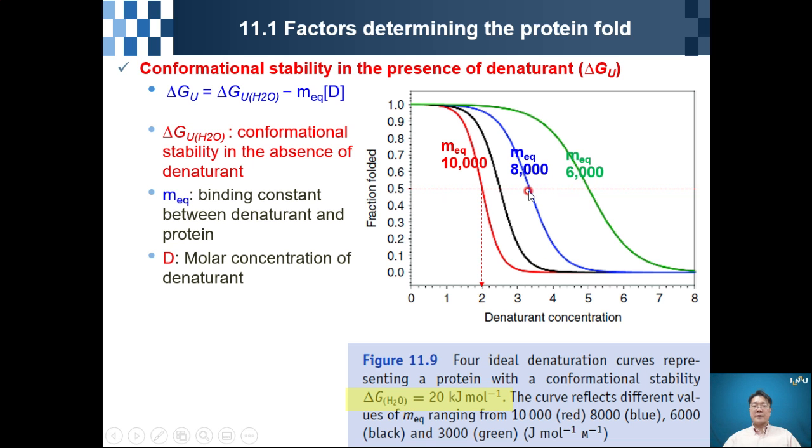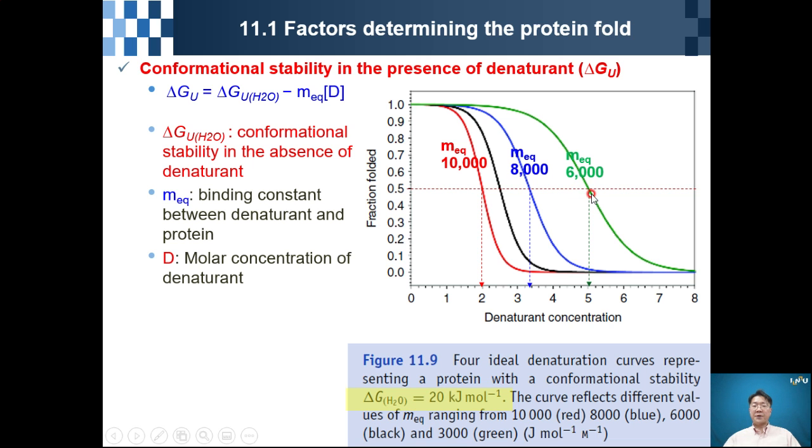How about when the MEQ is 8,000? The denaturant concentration that makes half folded and half unfolded is around 3.3. How about when the MEQ is 6,000?